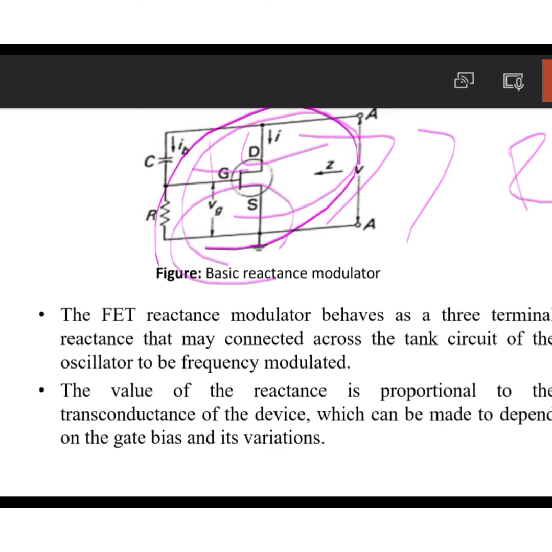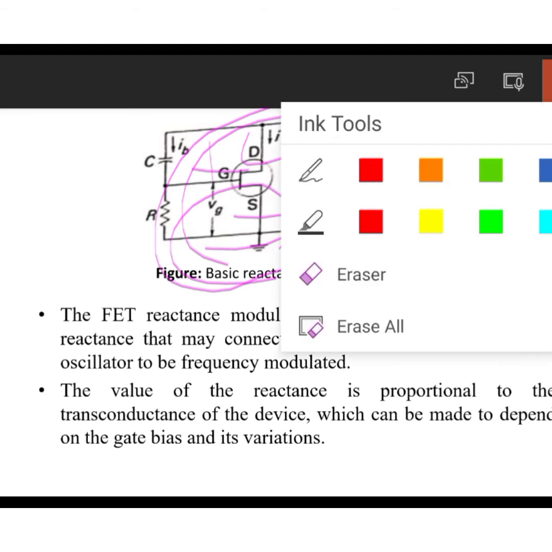So we are taking XC alone, not R. This is 5 times greater.